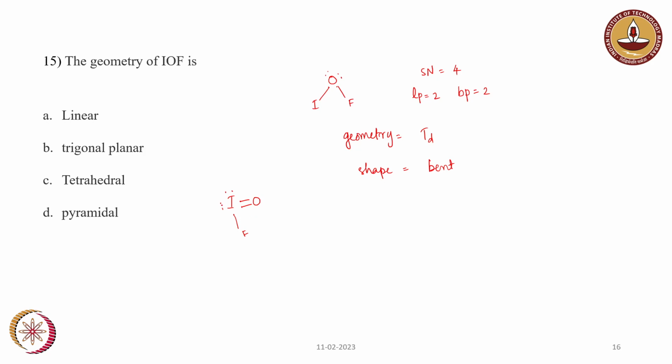So the geometry does not change if we change the central atom in this case. That depends on which atom we are choosing as the central atom. So I think this one will be more appropriate because, as you have said, the electronegativity of fluorine and oxygen is high. So the central atom we can choose as iodine.